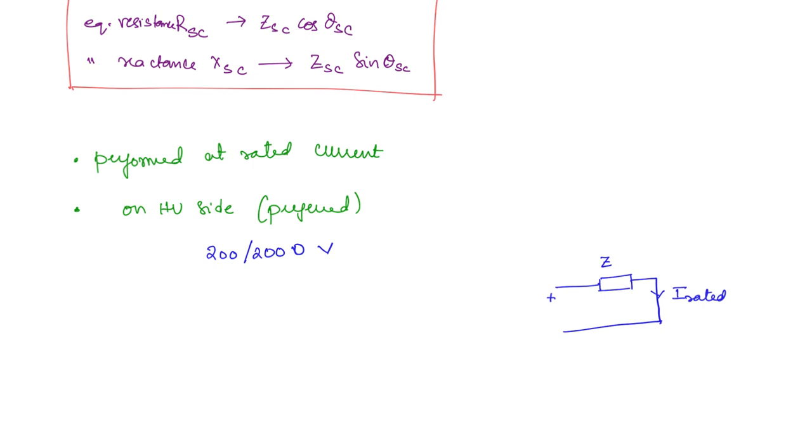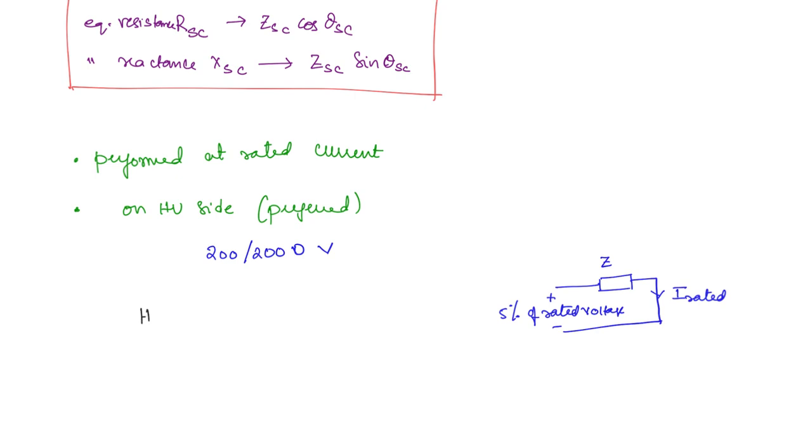The voltage is typically about 5% of rated voltage. This much voltage is enough because it is a short circuit test. There is no load, there is only the impedance of the transformer, which itself is very low. So when impedance is low, to drive rated current we need just 5% of the rated voltage.